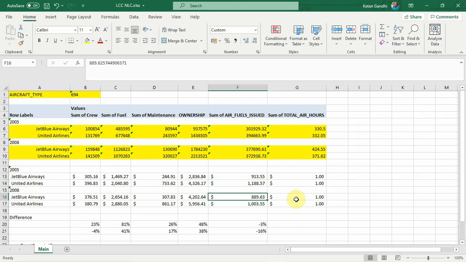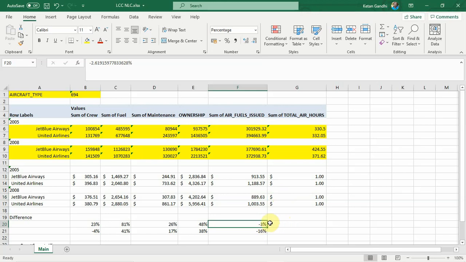So the difference is a decrease in the cost. $9,135.5 per hour was in 2005, and in 2008 it was $8,896.3 per hour. So there was a reduction in this cost by 3%.